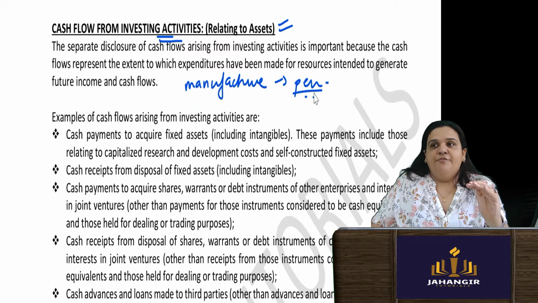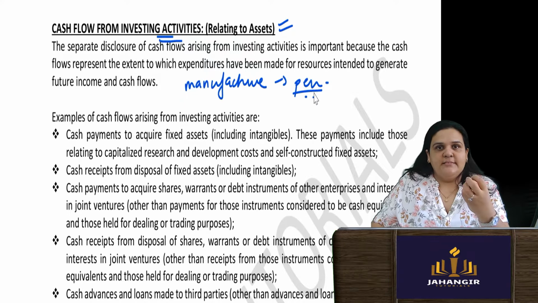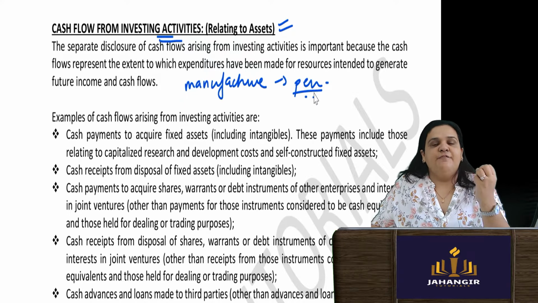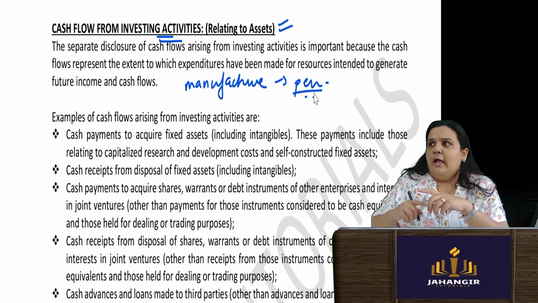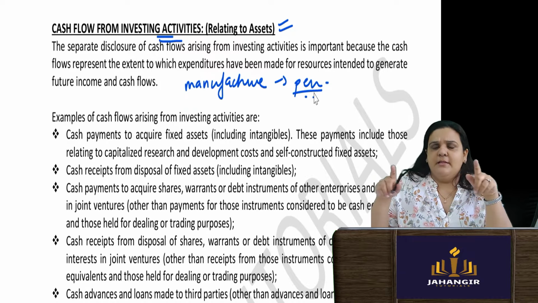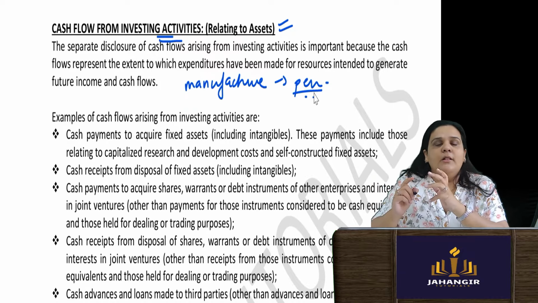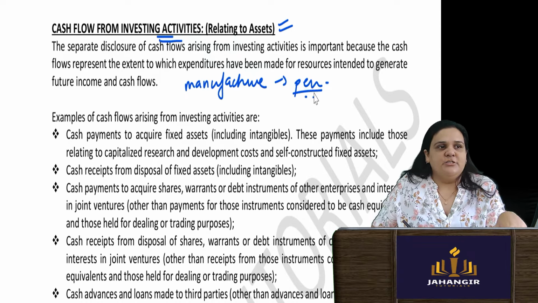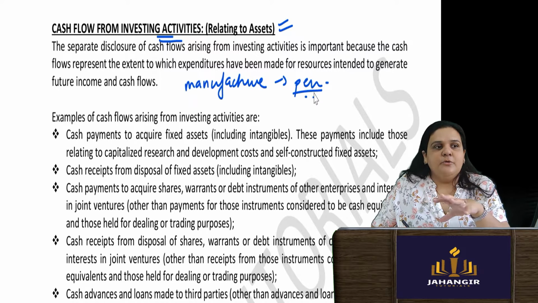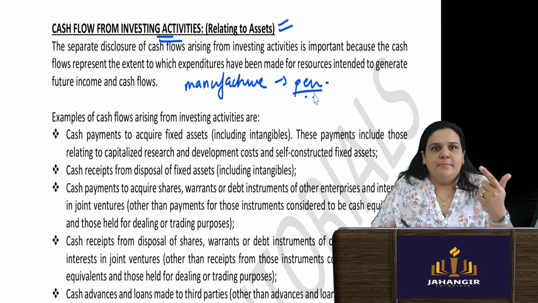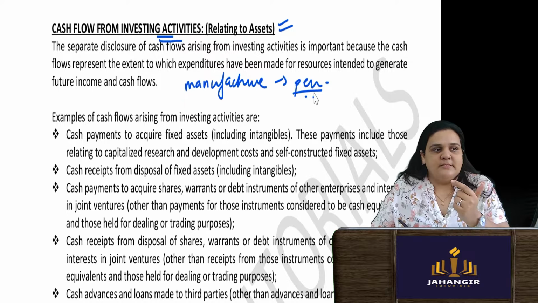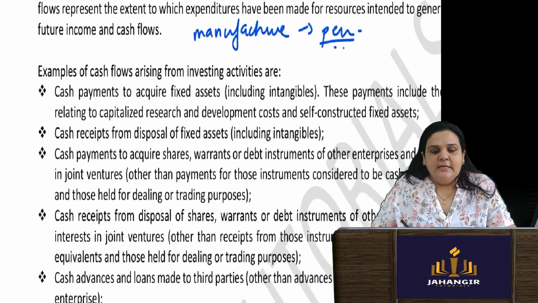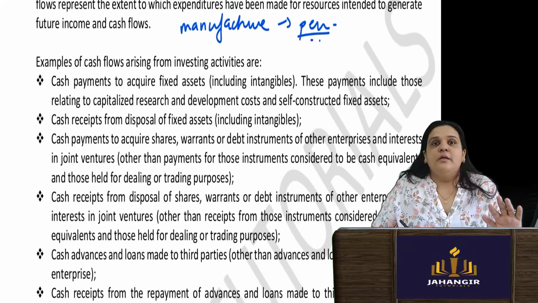But for the purpose of doing this activity, if I'm buying any kind of an asset, I'm buying some plant, I'm buying some office, or I'm taking some office on rent, all that is relating to my assets. They will help me in operations for sure, but it has nothing to do with my operations on a year to year basis, the cash flow for year to year. So those activities are related to investing activities.